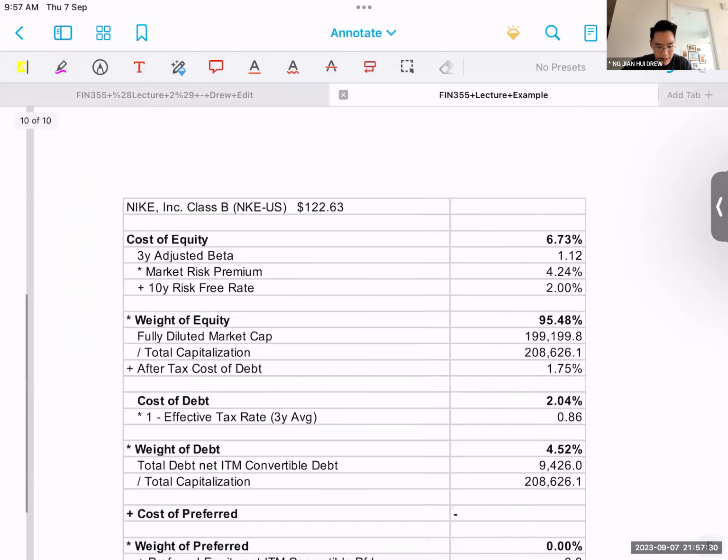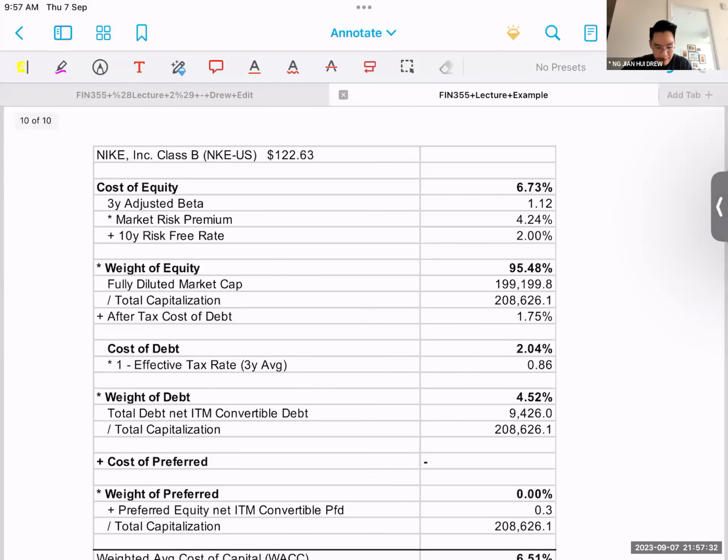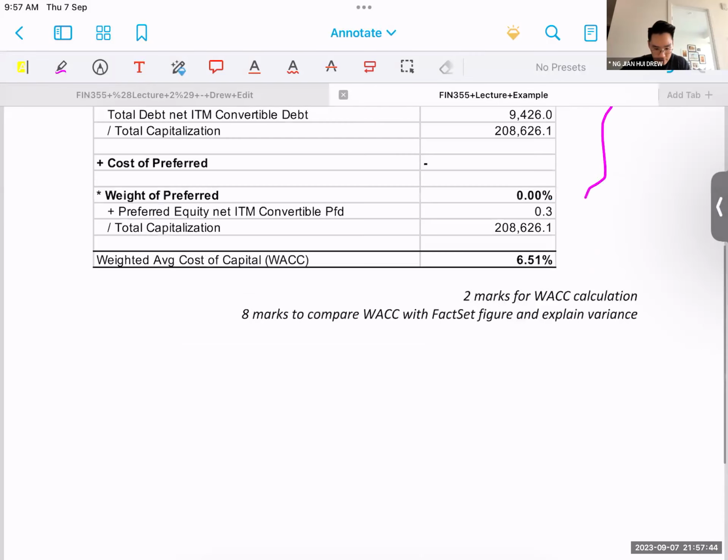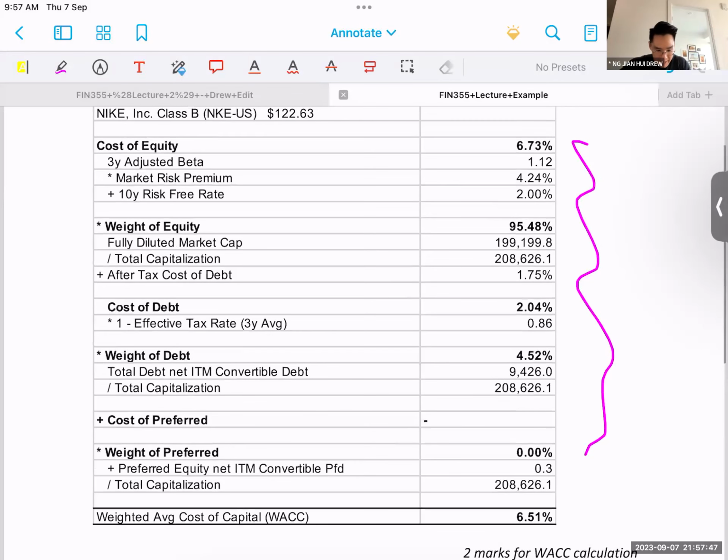So last part, this is the beta. Can you see this is the calculation used in FactSet. Where's the beta? The beta here uses the 3 years beta.